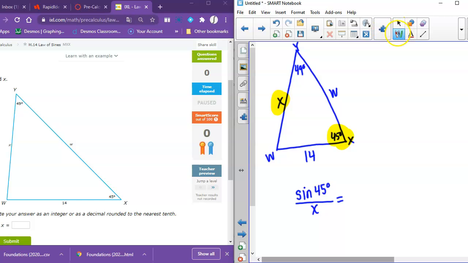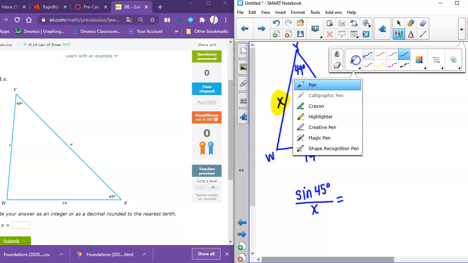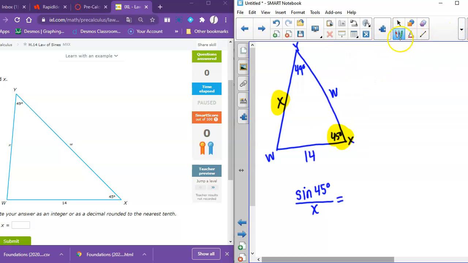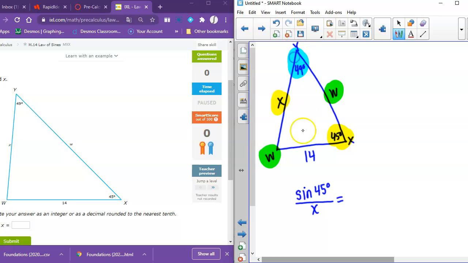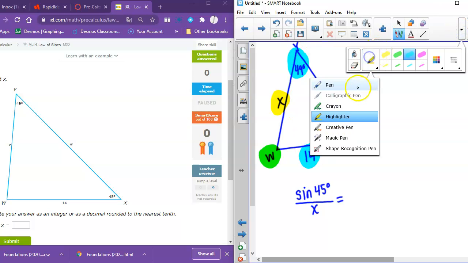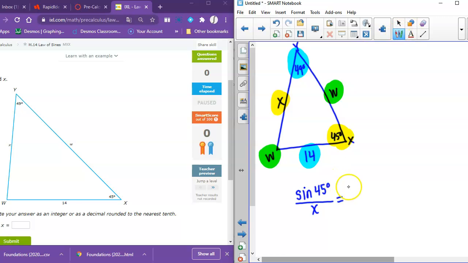So if we look over here at our triangle, you can see I know I've got W right here, but the side across from it is W. Well, I don't know either one of those, so that's not going to help me. Rather, what I need to do is use the Y's because I know both of those numbers. So if I use those Y's, I can set up an equation that I can solve.